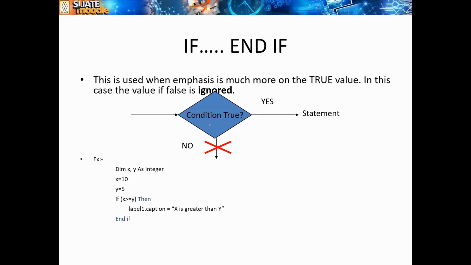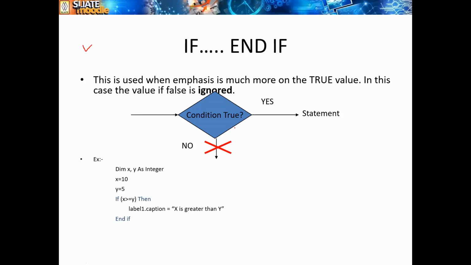We know that we can use this diamond symbol to represent a condition, and when the condition is given, there can be two answers, either it is true or false, right? So based on the answer you get, you can decide what to do, right?